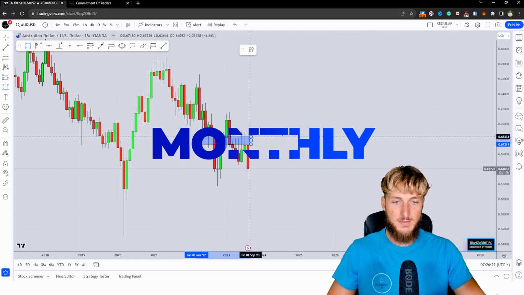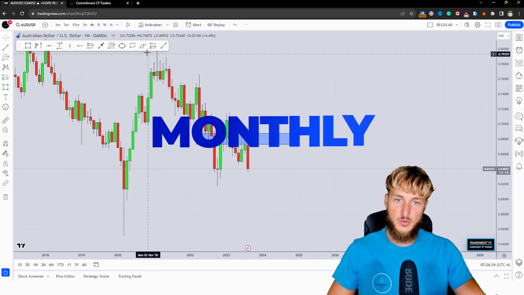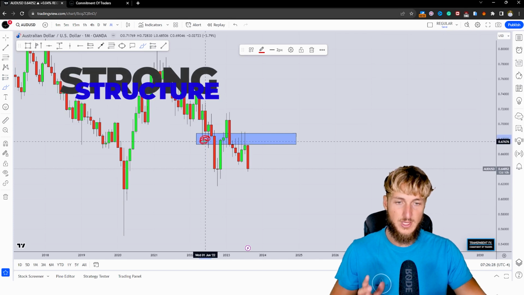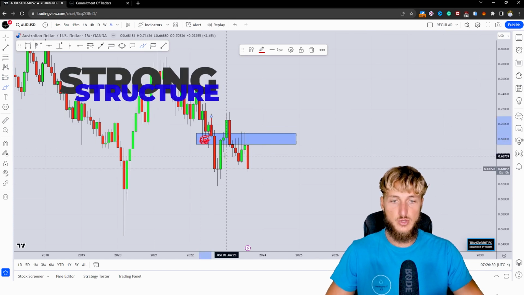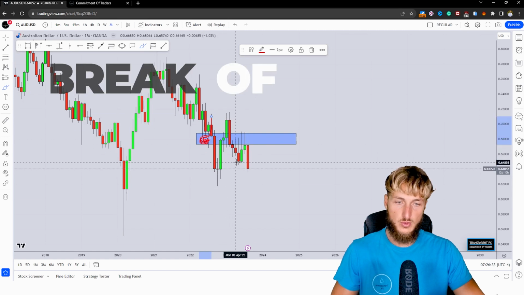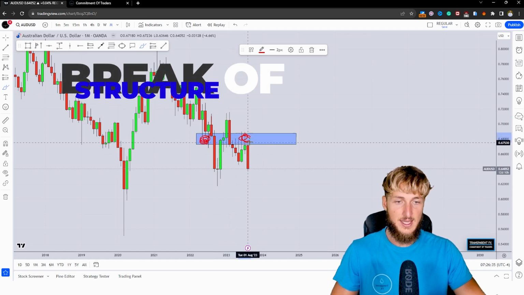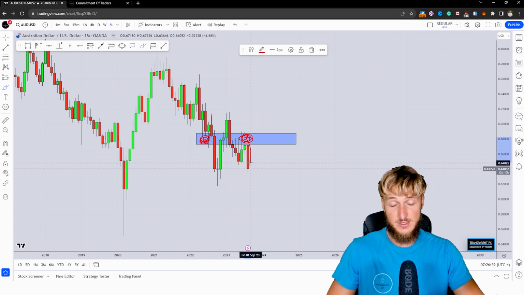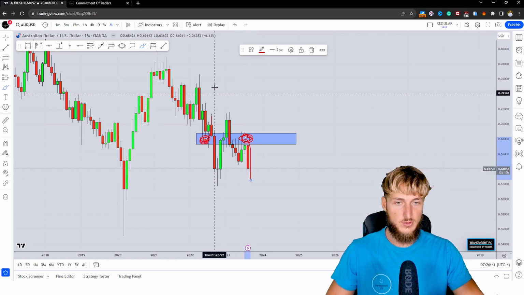Starting from the monthly time frame, what we must notice is that we had very strong previous monthly support at this level, preceding this rejection to the upside, which was then broken to the downside and retested exactly here. The market has in fact respected this level as resistance and started rejecting it to the downside.